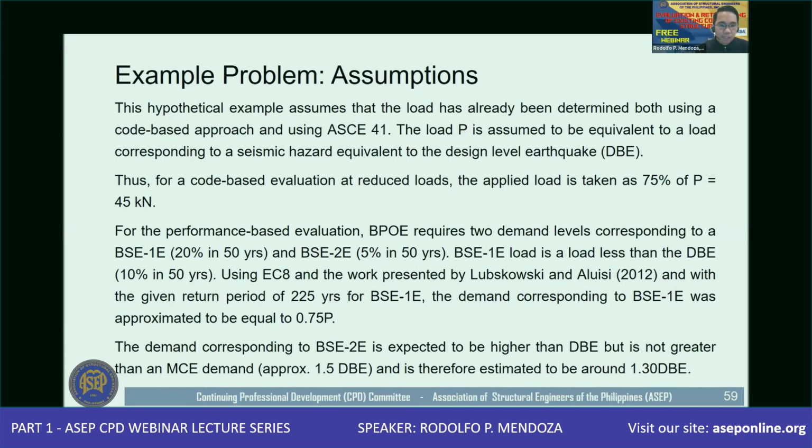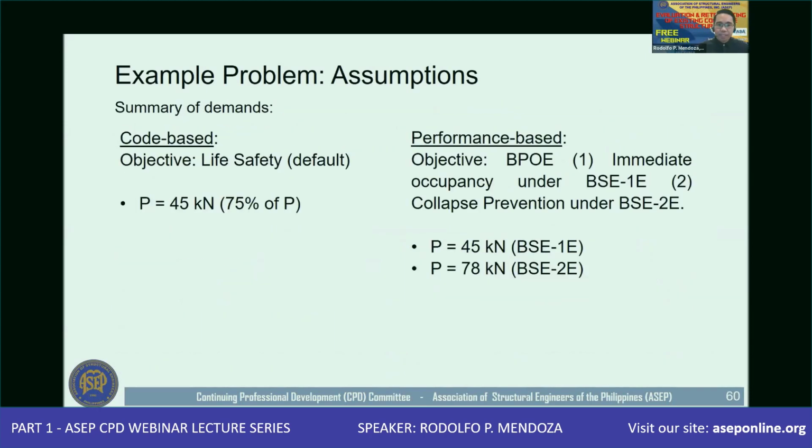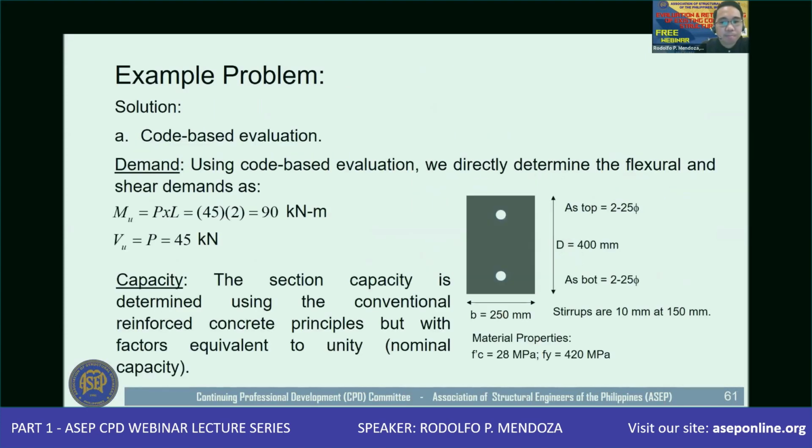Again, using the same calculation above, we were able to estimate a value of P corresponding to BSE-2E equal to 1.3 of P. So these are the loads used: in code-based assessment, 75% of P, equivalent to 45 kilonewton, while for performance-based evaluation, we have 45 kilonewton under BSE-1E for immediate occupancy and 78 kilonewton for collapse prevention performance evaluation.